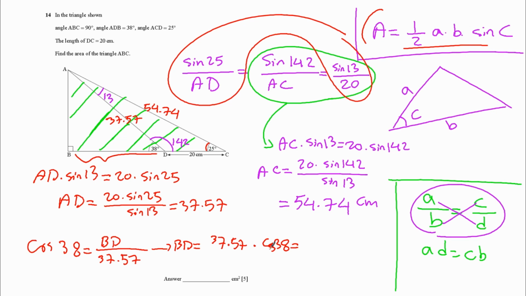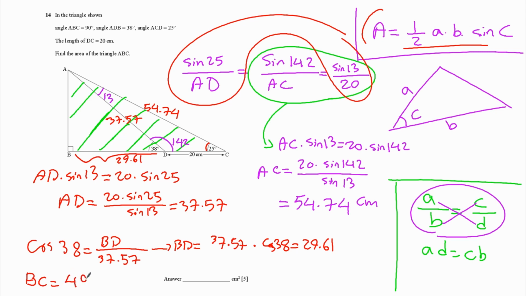Now we have got this value, which is 29.61, and considering that DC is 20, the total value of the BC would be 49.61. We just need to add them together.